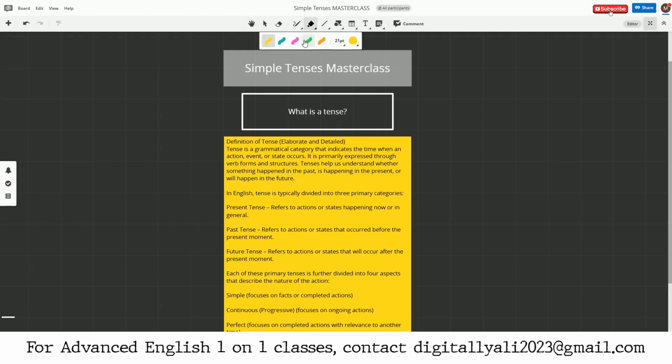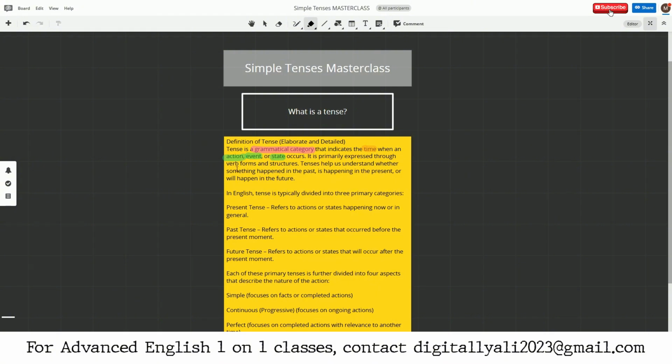So there is a grammatical category in which an action, event, or state occurs, and there's always a sense of time in it. There's always a definition of time in which the action, event, or state occurs. It is primarily expressed through verb forms and structures.